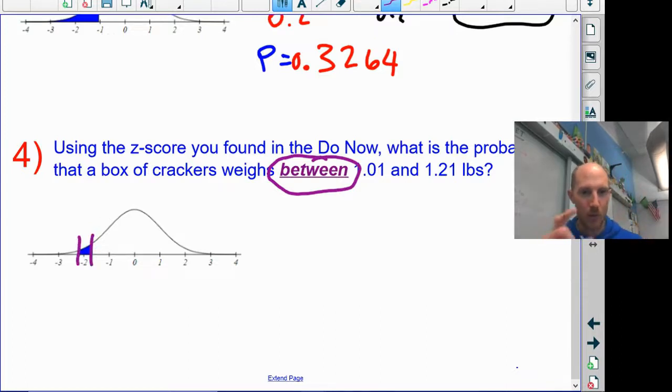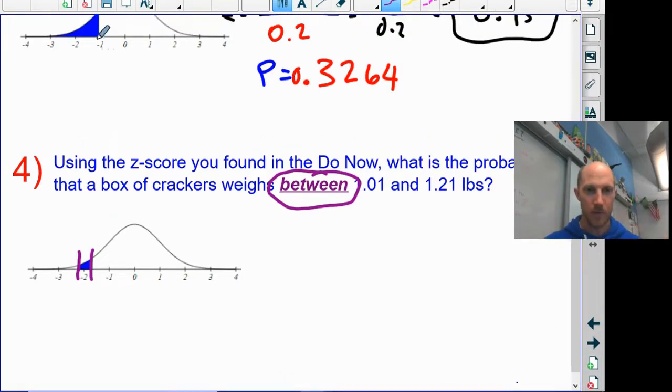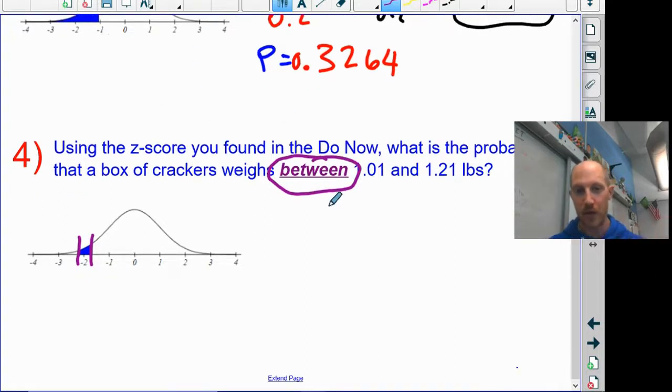So really, what am I after? Well, I want the probability of the larger weight that's further to the right across the bell curve, just like the 32%. But I don't want everything from the left edge up to that value. I want just that little sliver that I just colored in on the bell curve right here. So what could I do?